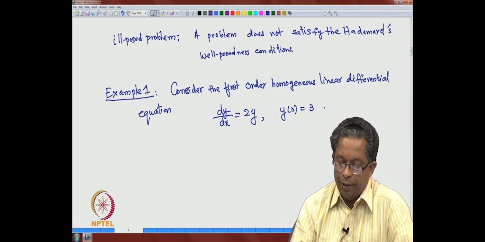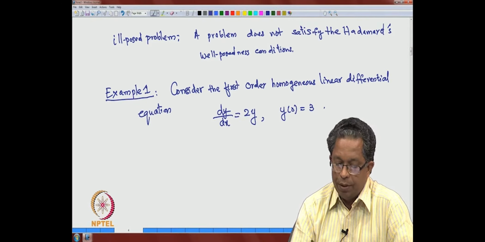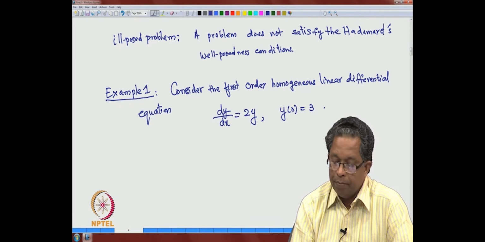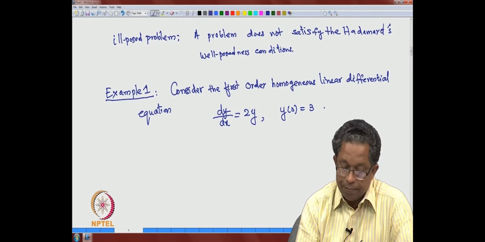You have already seen how to solve this linear differential equation in the previous lectures.